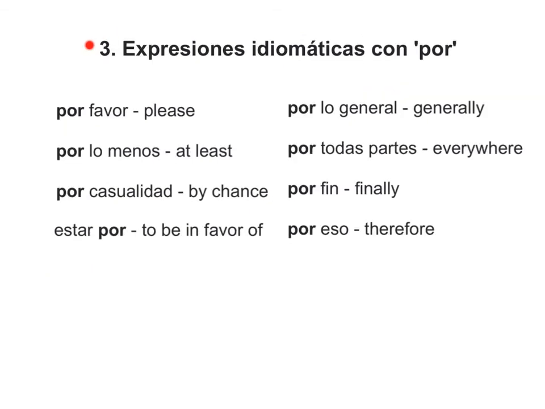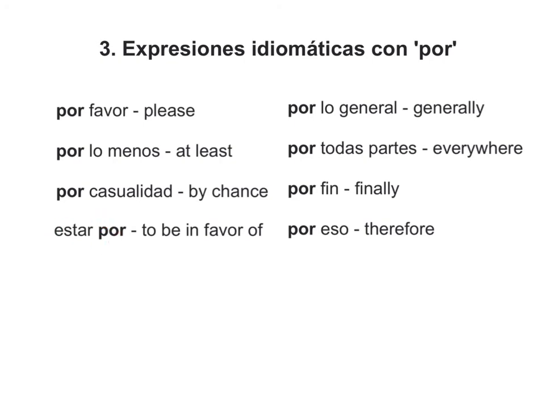Ahora vamos a revisar algunas expresiones idiomáticas con por. Tenemos por favor, please, por lo menos, at least, por casualidad, by chance or accidentally, estar por, to be in favor of. So, por ejemplo, si yo digo estoy por este candidato, I am for or in favor of this candidate.